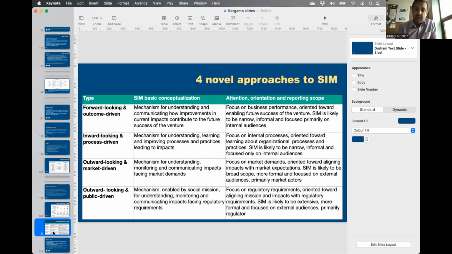So the normative framework we have here, which is a reflection of early stages when the social industry had no set of institutionalized rules, gives you the why behind it, and that probably gives you a way to better select the tools you need. But say if you go for a forward-looking outcome-driven approach and it's informal, you don't need an outcome star for that, right? So don't overcomplicate things if you don't need to, right?